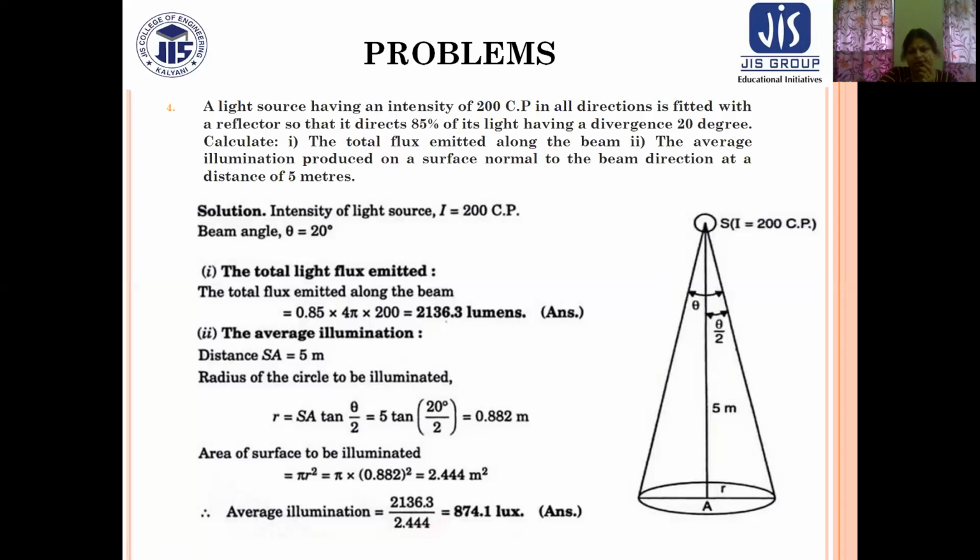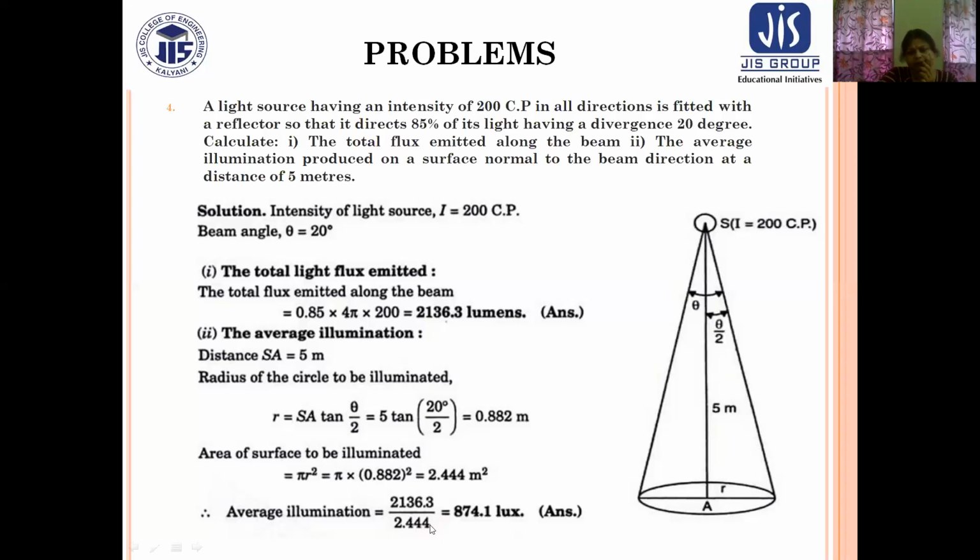So average illumination equals 2136.3 lumens, that means F, the luminous flux, by the area of the surface to be illuminated, that means A, that is 2.444.